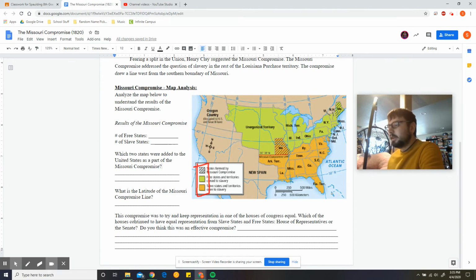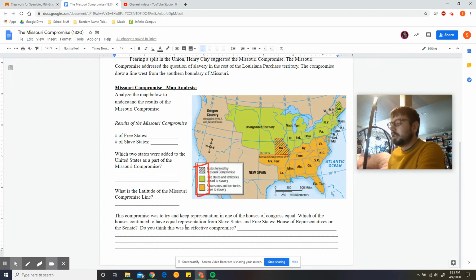And then lastly, this compromise was trying to keep representation in one of the houses of Congress equal. Remember, we talked about before how they were equal in the houses of Congress. Now they're trying to make sure that they still remain equal in one of those houses. Which of the houses continued to have equal representation from slave states and free states? Was it the House of Representatives or the Senate? You guys can circle which one you think it is or write it down.